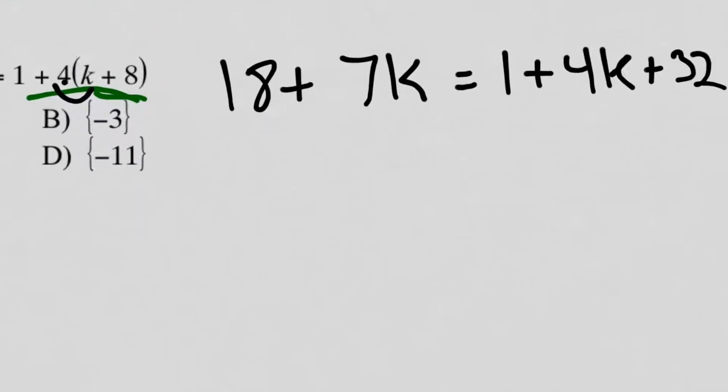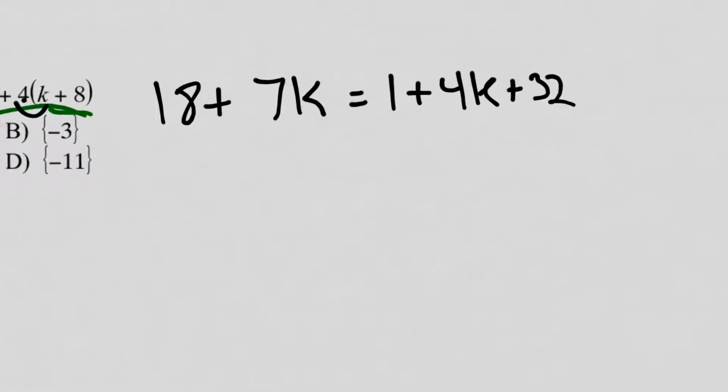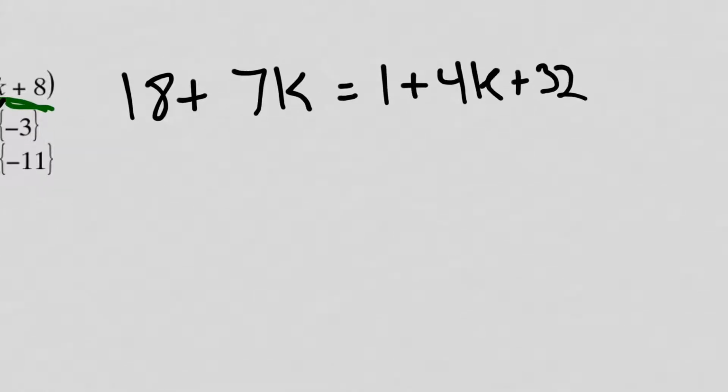We're going to get to a shortcut where we end up just moving it over and changing its sign. But just before we do it that way, let's think about it as if I want to get rid of 4k on the right-hand side, I could subtract 4k from both sides of the equation.